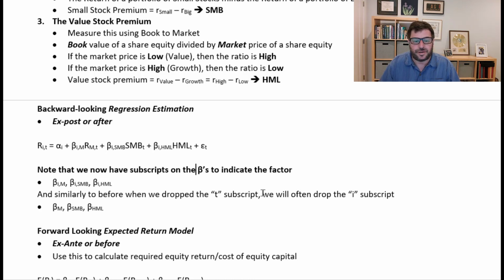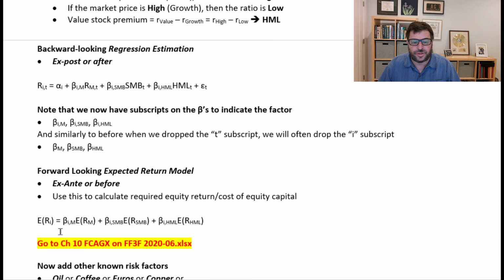Now, similarly to how we drop the T subscript, we'll often drop the I subscript, since we know this refers to whatever it is we're checking out. It's the market beta, the small stock beta, and the value stock beta.